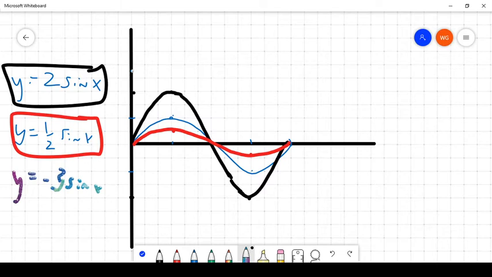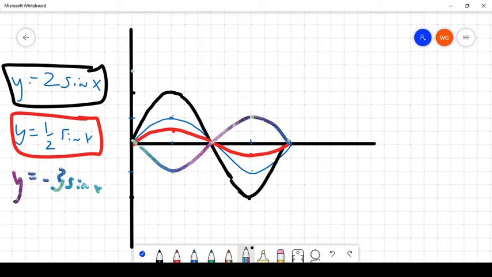So I go back to my original graph, y equals sine x, the one in blue, and I'll start out by reflecting it so that I end up with a graph that looks like this. Okay, so that graph right there that I've drawn in the glittery color is y equals -sine x.